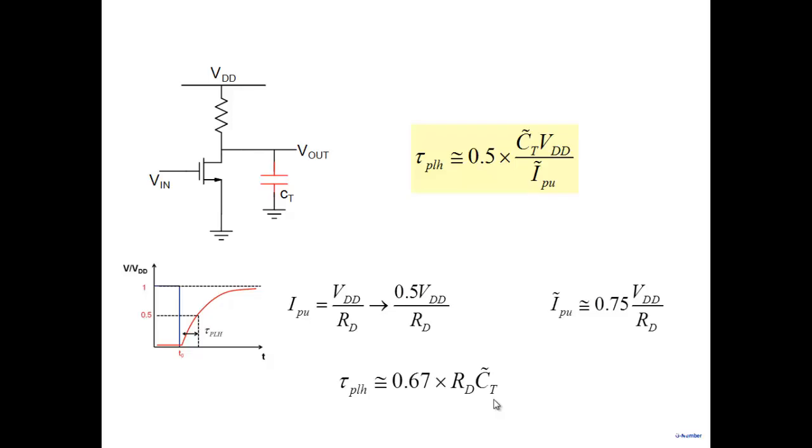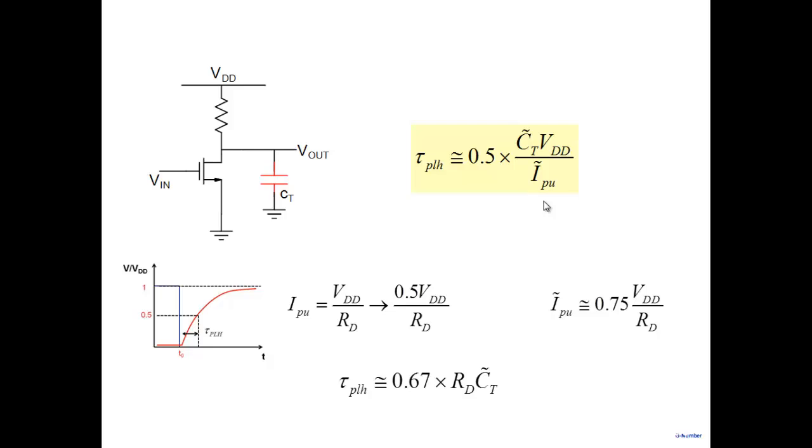That's not our goal. Our goal is to capture all the important terms so that we understand where the delay is coming from, right? So for quick calculation, this expression is pretty good. All that you need to do is calculate the average current that will come from your pull-up, find out the net capacitance at this particular node, and then you have an estimate of delay: 0.5 CT VDD by I pull-up.